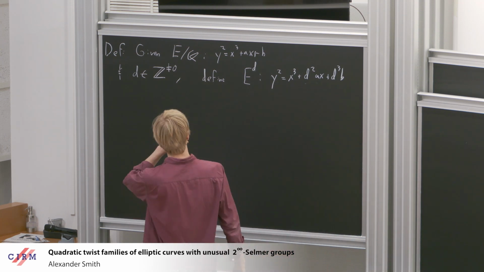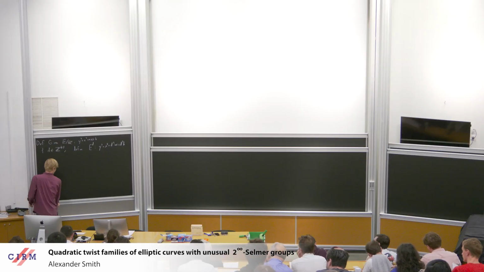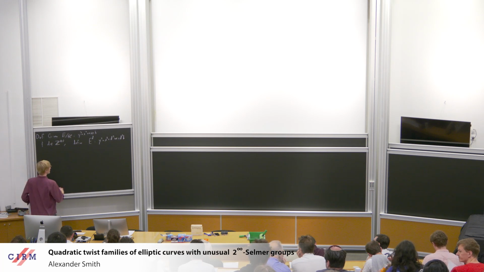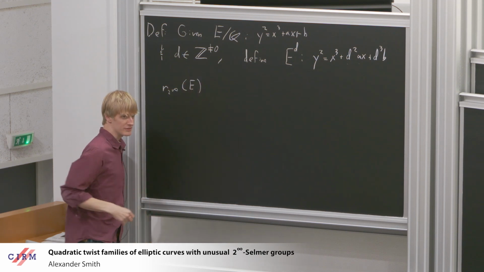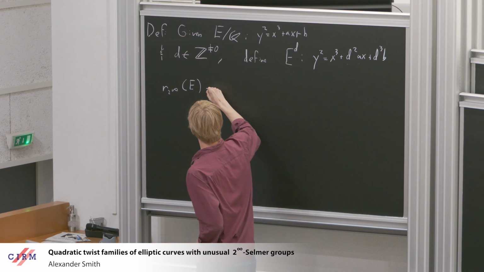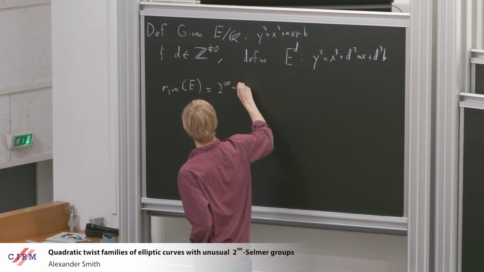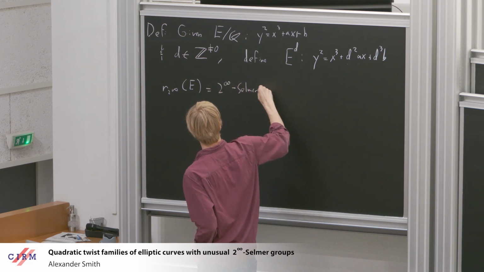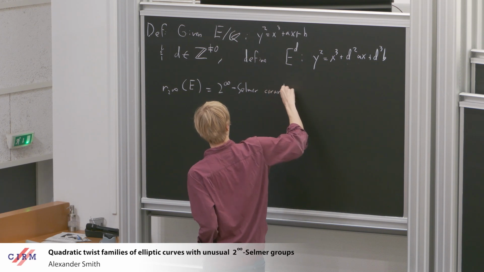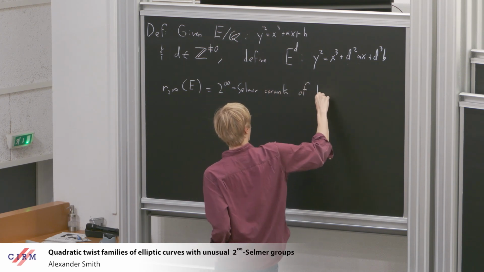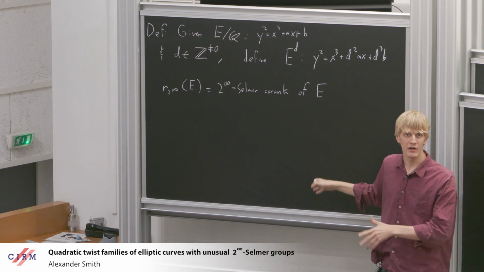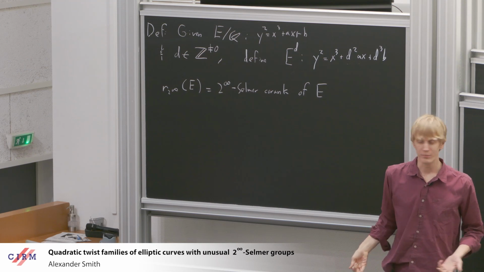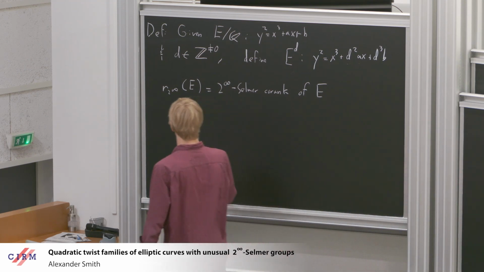Okay, great. And so the other piece of notation that I want to start with is what I'm going to denote by R2 infinity. So R2 infinity of E is going to be the 2 infinity Selmer corank of E. And I will talk more about what this means later, but for now I just want to focus on the most salient points about the 2 infinity Selmer rank.